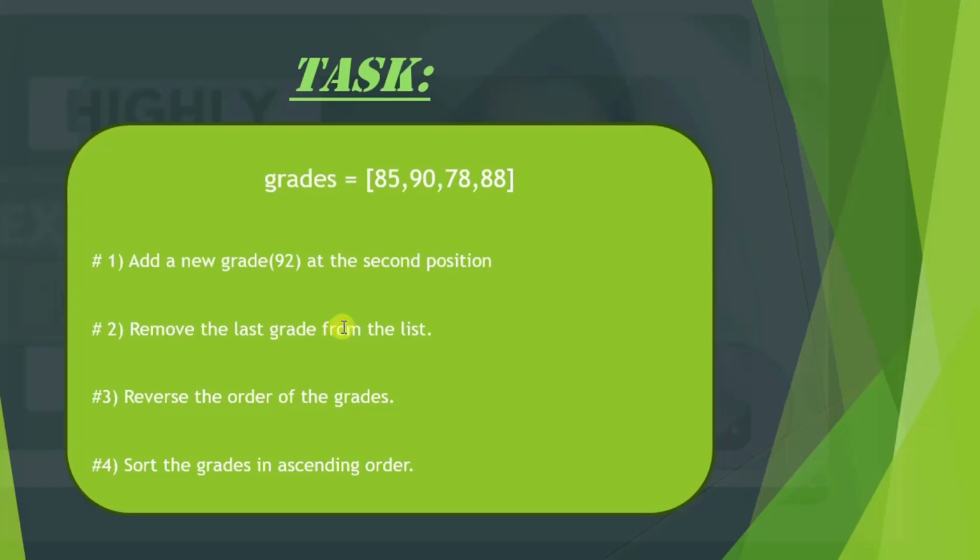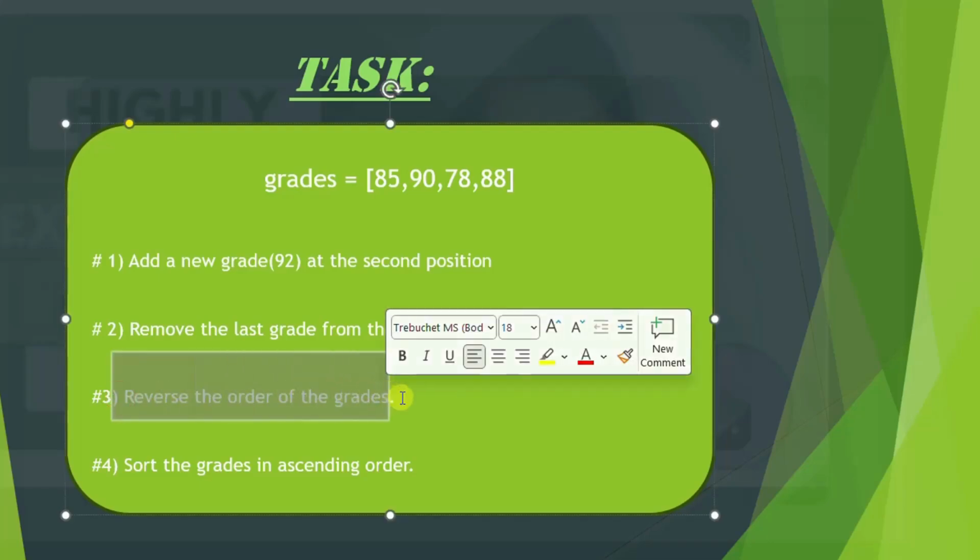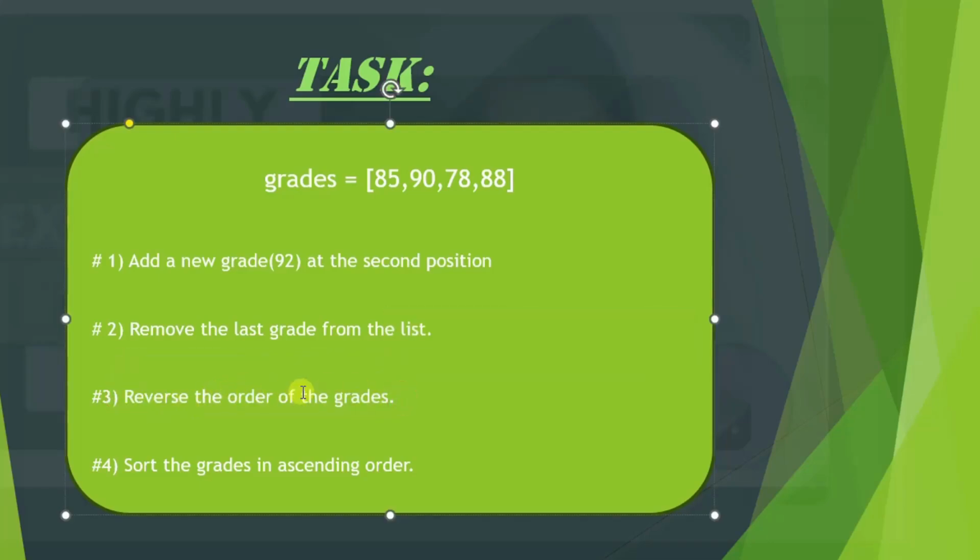By using the pop function. The next one is to reverse the order of the grades. How can we reverse the order? By using the reverse method. Next is to sort the grades in ascending order. So by using the sort method, we can sort these grades in ascending order.